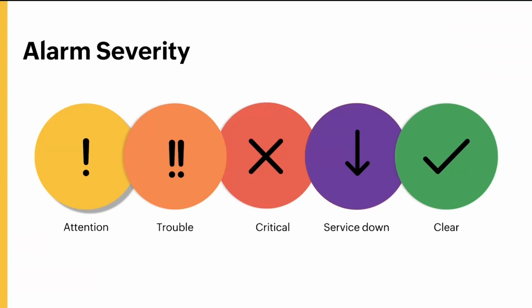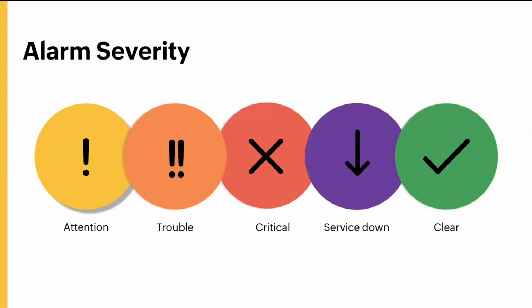Alarms will inform you if something goes wrong on your network instantly so that you can take immediate corrective actions. Here's a visual representation of the severity levels OpManager has. OpManager supports four severity levels: attention, trouble, critical, and service down, followed by clear. Severity basically tells you how serious the issue is for which the alarm is raised.